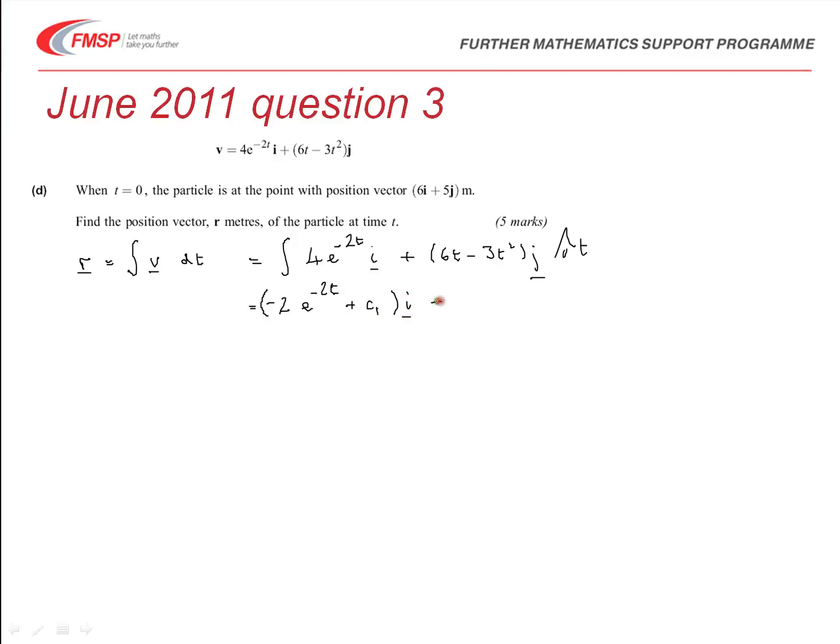And similarly, we integrate the 6t, we get t squared over 2, so that gives 3t squared, minus t cubed over 3, so the 3s cancel and that just becomes t cubed, plus some other constant, which I'll call c2, lots of j.